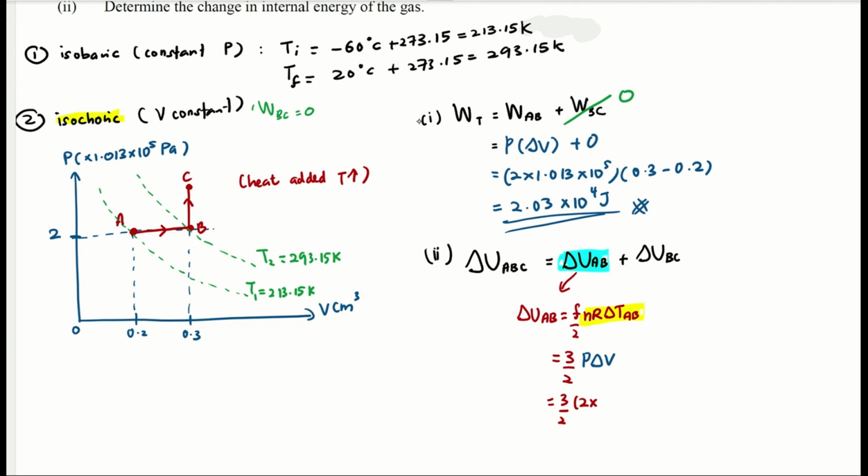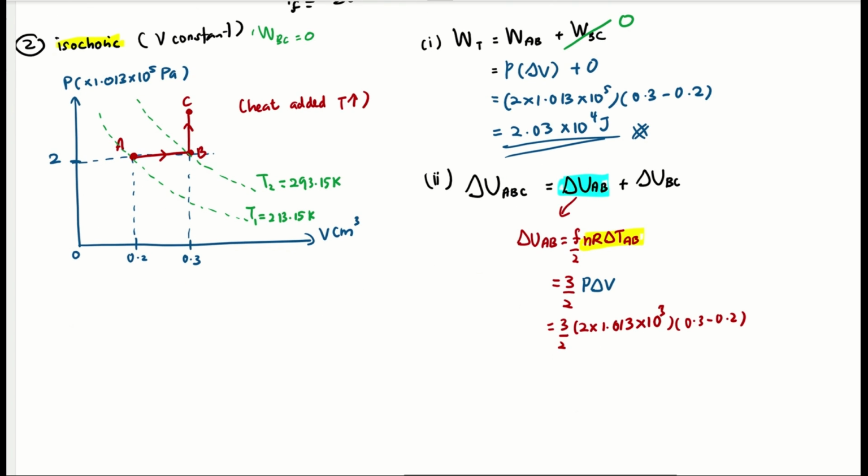You tukar kepada Pascal, 1.013 times 10 power of 5. Okay. And then darab dengan delta V dia tadi lah, iaitu 0.3 minus 0.2. Okay, so delta UAB you akan dapat. Okay, kita kira yang tu dululah. So delta UAB is 303.9 joule.